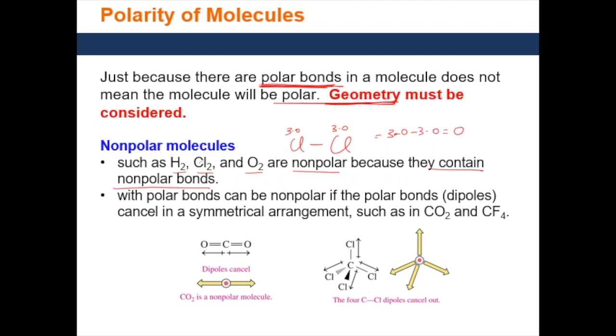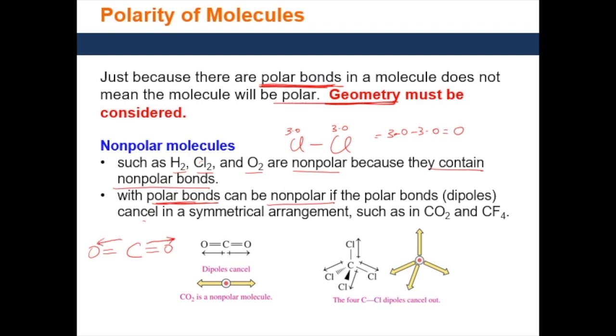But sometimes, even when the bonds are polar, the molecule can be non-polar. How? If the polar bonds cancel in a symmetrical arrangement. For instance, in CO2, oxygen is more electronegative than carbon. Imagine this is polarity: this oxygen is pulling the electrons towards itself, and this oxygen is pulling the electrons towards itself.